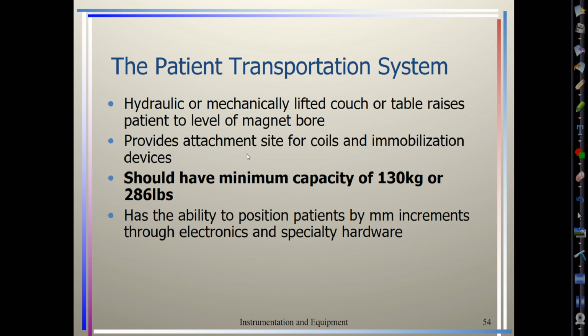Most tables have a minimum capacity and sometimes a maximum capacity. You can see here, I think this is supposed to be a maximum capacity of 286 pounds, but each system is different. So make sure you know what your maximum capacity is for your table.